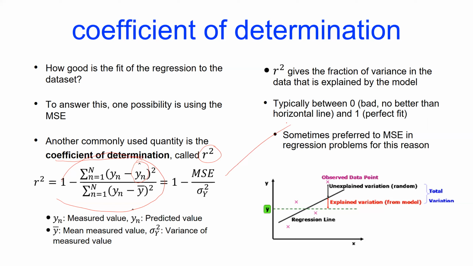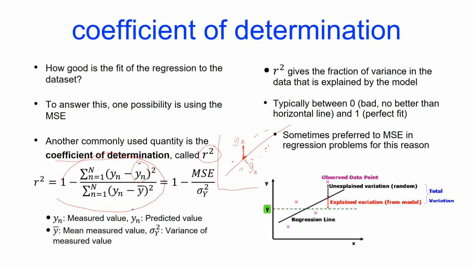So I think I mentioned this before. You have a lot of points, then you fit a line. So this guy will be your y_n, and this guy will be your y hat n, because your model can only produce points on the line.